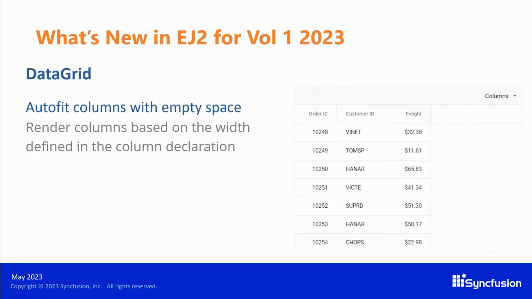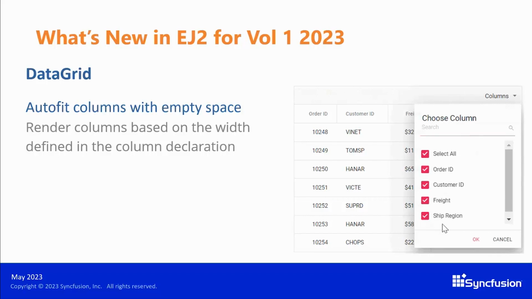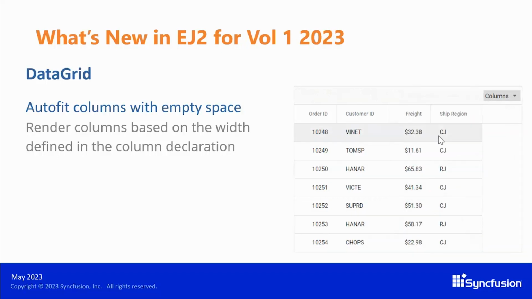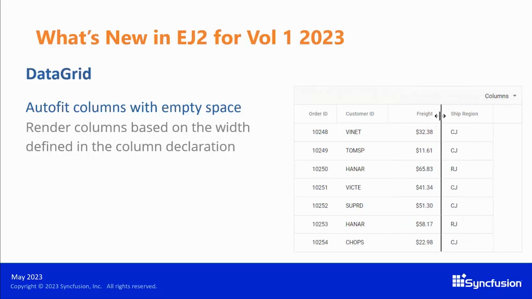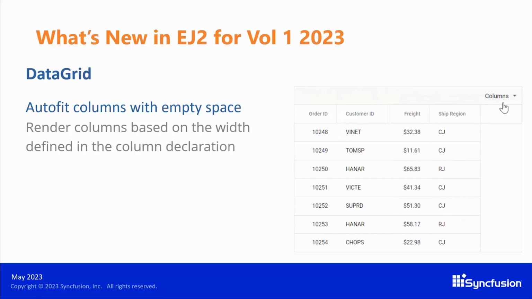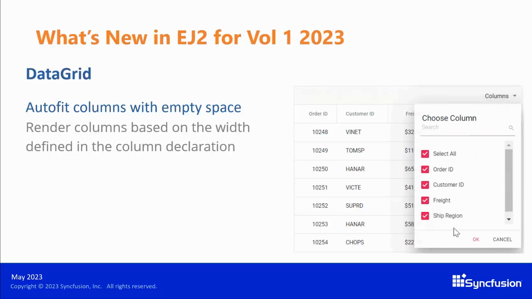So the thing is, now the grid renders the columns based on the width that you provide to those particular columns in the column configuration at the code side.